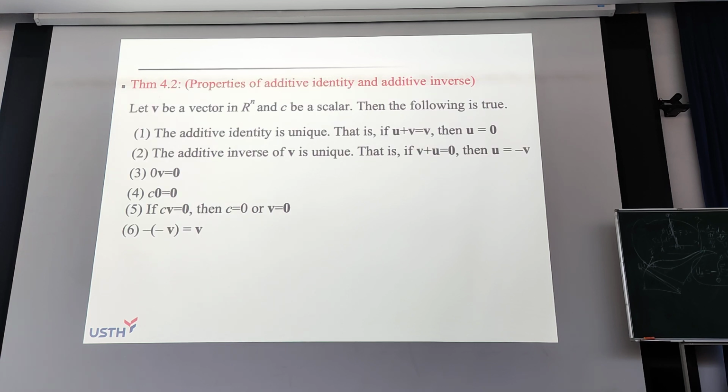Then, besides the 10 properties about vector addition and scalar multiplication, we have other properties about the zero vector and about the negative vector. It is listed on the screen here. That is what we studied last week, and today we begin from this point.